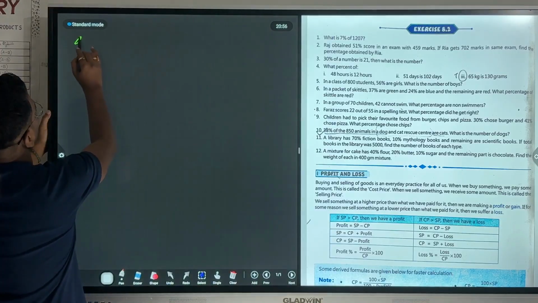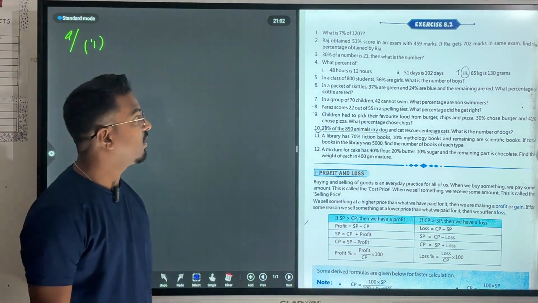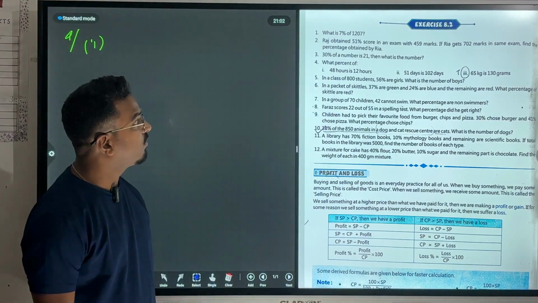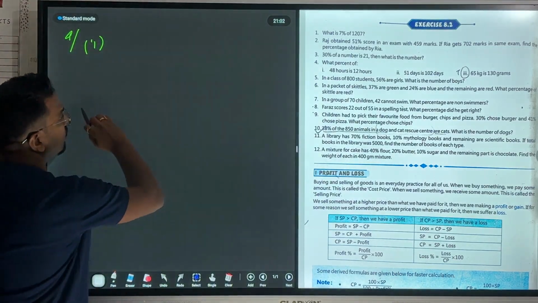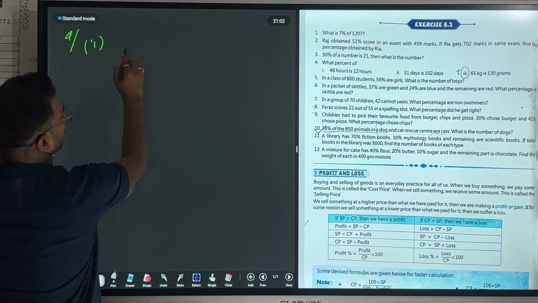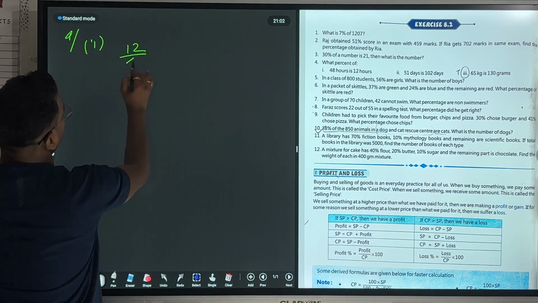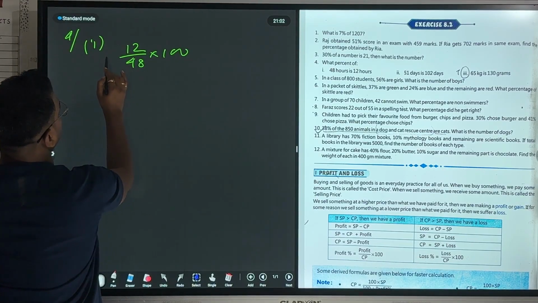Next, question number 4. What percent of 48 hours is 12? So for what percent of 48 it will become 12 hours. In this case, what we have to do? We have to write in this form. Here you have to write 12 by 48 into 100.